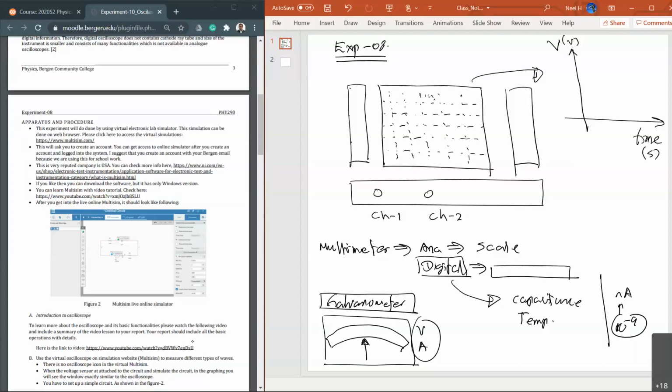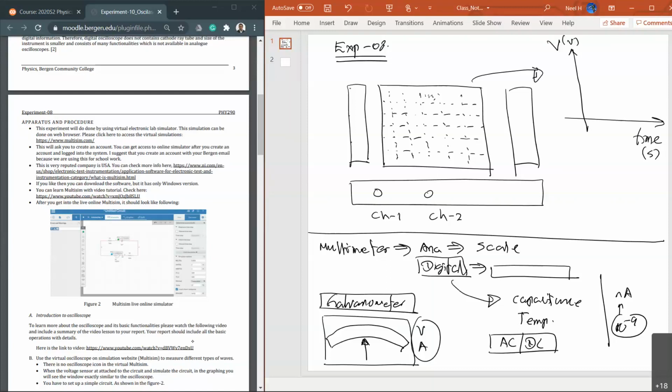Now, if you take a look at the circuit, the multimeters are good to measure all these measurements, and these multimeters can measure AC and DC both, right? So by using multimeters you can measure both AC and DC voltage and current.